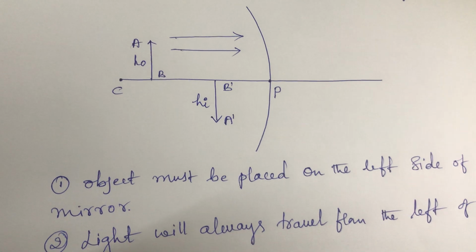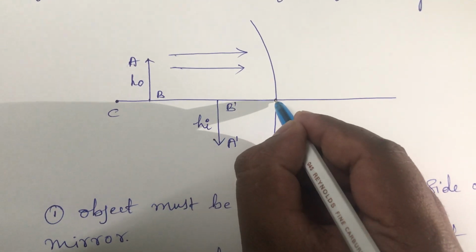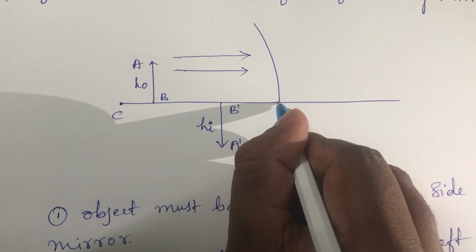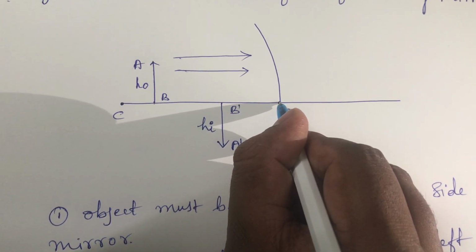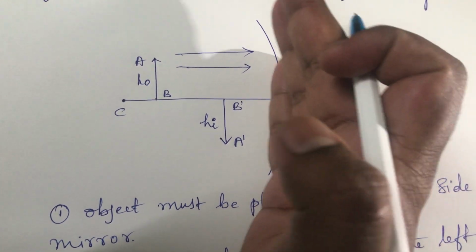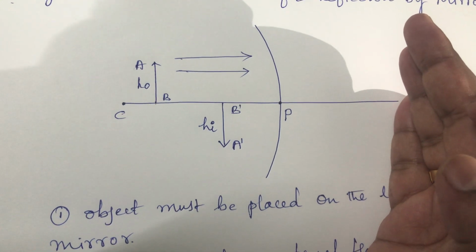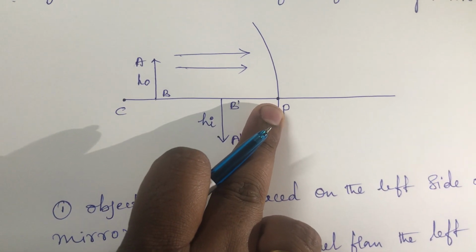Next important thing you have to take: always start the measurement from the pole of the mirror. This is the pole, so you have to start your measurement either towards the left or towards the right, wherever it may be. You have to start from here.